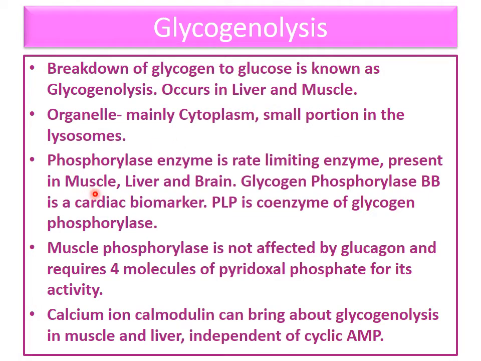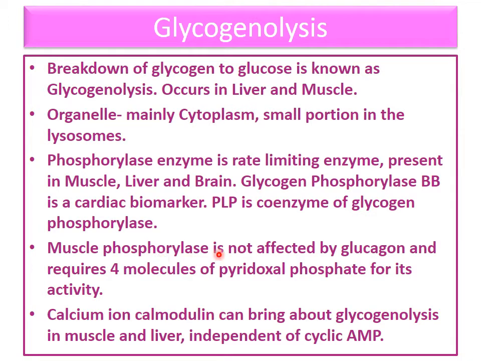The main enzyme for glycogenolysis is phosphorylase enzyme, which is the rate limiting enzyme in muscle, liver and brain. Glycogen phosphorylase BB is a cardiac biomarker. The coenzyme in glycogen phosphorylase is pyridoxal phosphate, PLP.